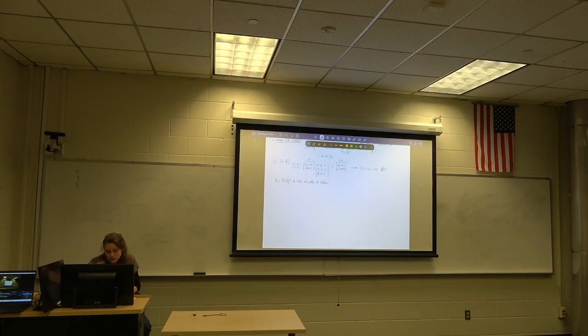Now these are all matrix groups that act on the set of linear codes in FQ to the n. Okay, right.